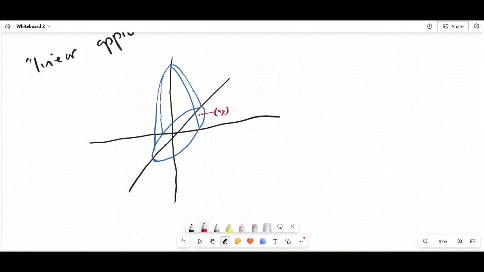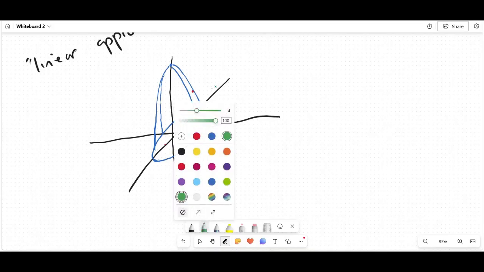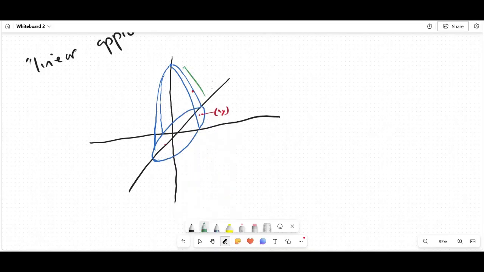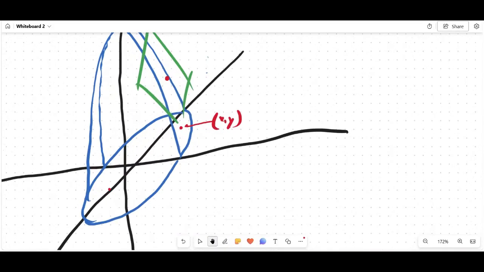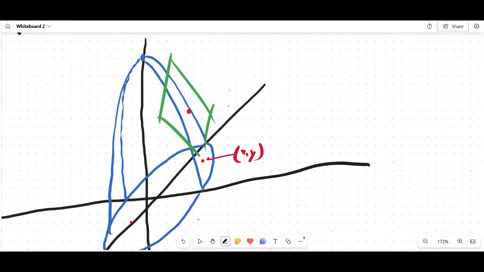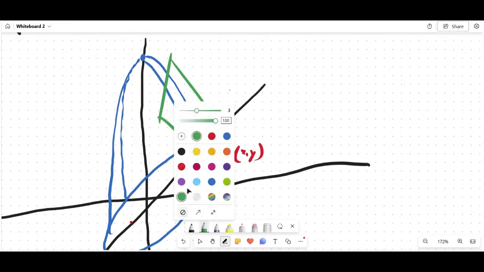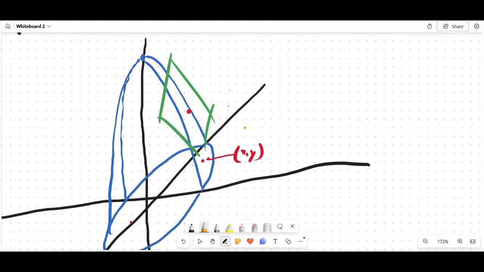That takes a value on the surface of the function. This gives rise to a tangent plane. And now let's zoom in here and say we wanted to evaluate the blue function at a nearby point. Maybe the nearby point is right here.